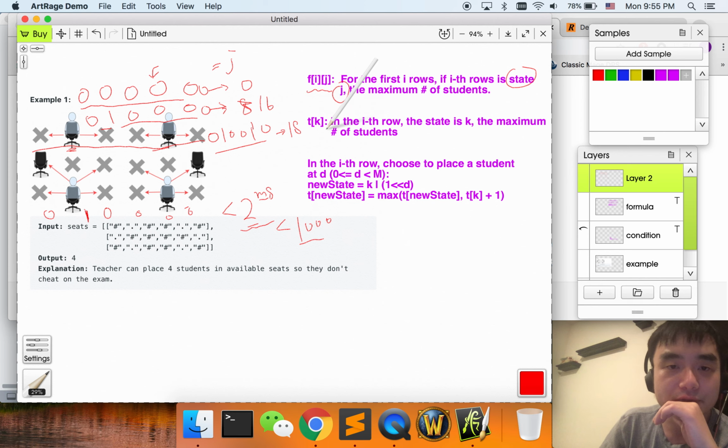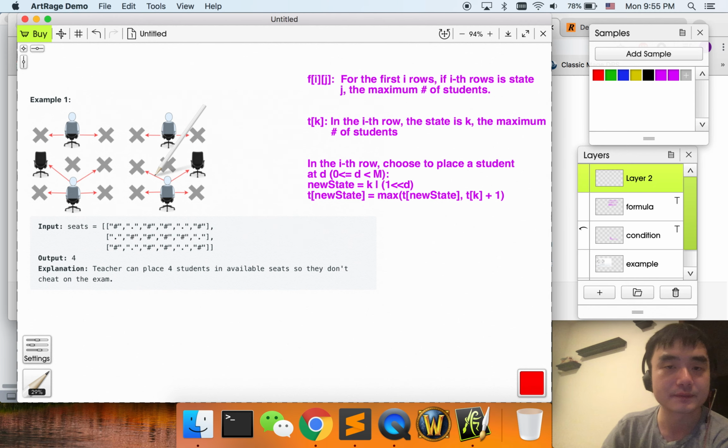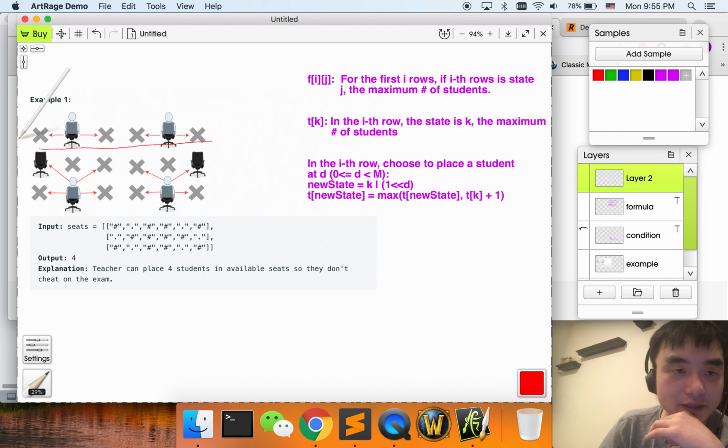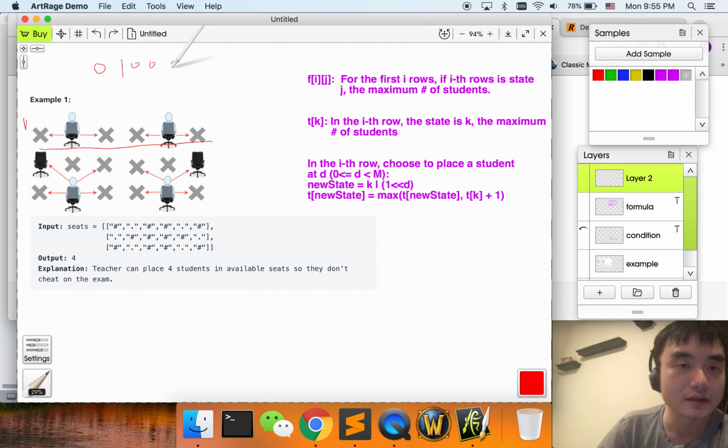So let's move on. What is Tk here? So Tk here means for the ith row, for example, for the first row, the state is k. Let's say its state is currently like this, right?